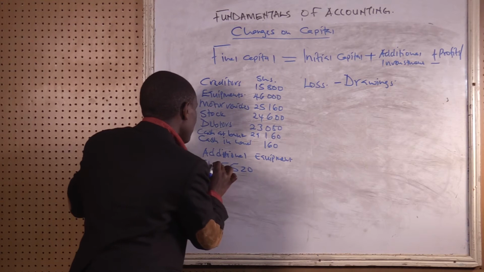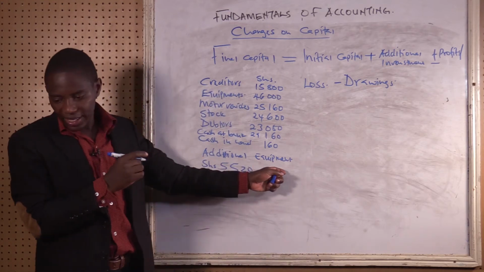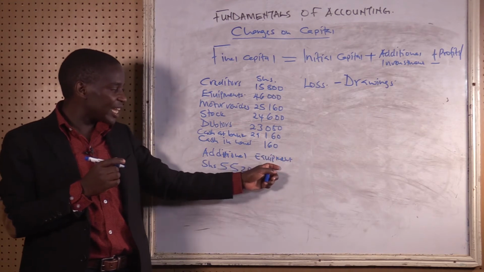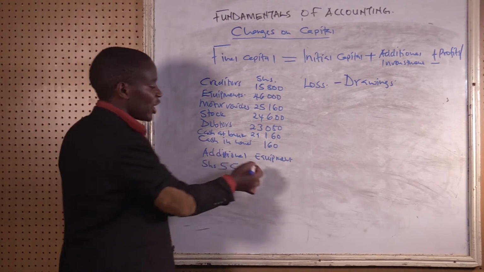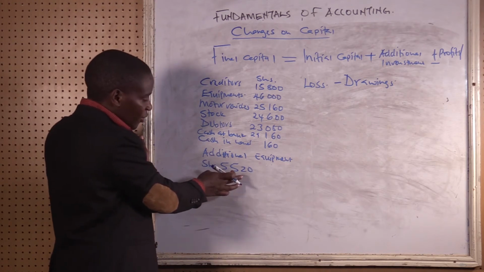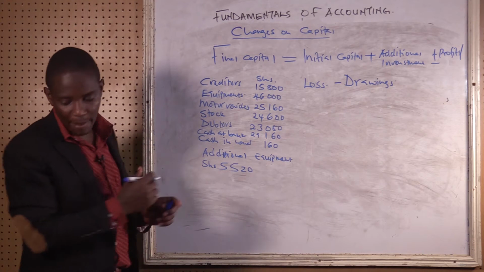And remember that this one was bought on credit. So we have created two things. We have created an asset called equipment, and we have created a debt for the same amount.